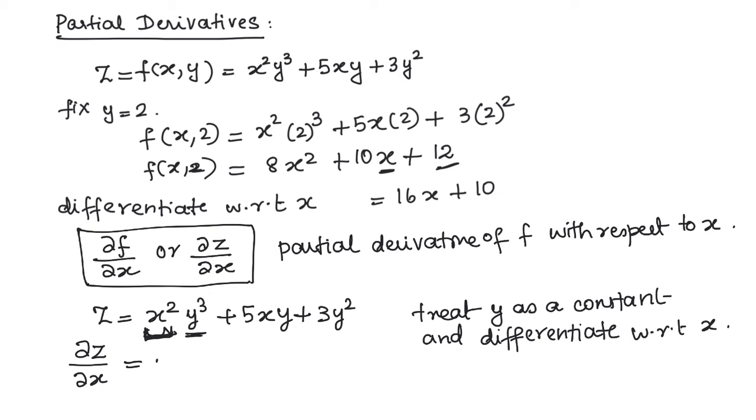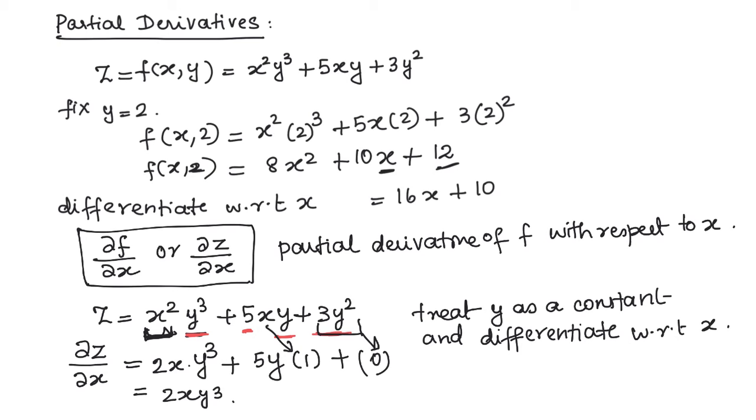So this is the only function, right? So the derivative of that is 2x. So the constants stay the same. Let me mark the constant here. So y is a constant, so these two are constant. Oh, this whole thing is a constant, right? So if you take the derivative, 5y is a constant, so the derivative of x is just 1. 3y is a constant, so the derivative will be 0. So the answer is 2xy cube plus 5y.